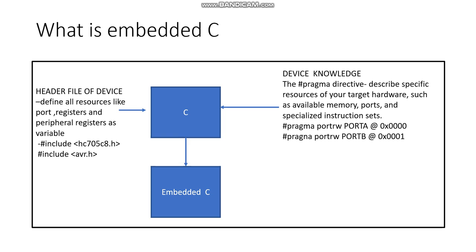Then only the C compiler will be able to generate executable code for the target microcontroller, because the internal resources available in the microcontroller have to be known to the compiler in order to generate successful executable code. When this knowledge of internal resources and available resources is incorporated into normal C, the normal C program is called embedded C.